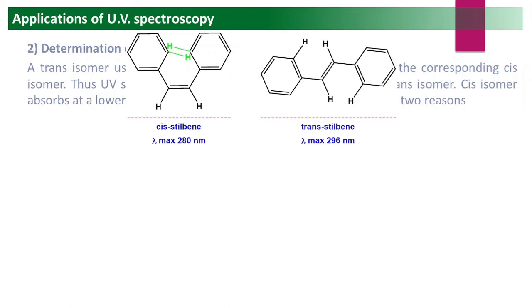Lambda max for cis stilbene is 280 nanometer. Lambda max for trans stilbene is 296 nanometer. So the trans isomer of stilbene absorbs at a longer wavelength, 296 nanometer, as compared to the 280 nanometer of cis stilbene. There are two reasons.